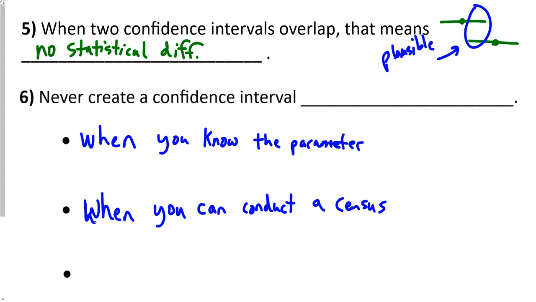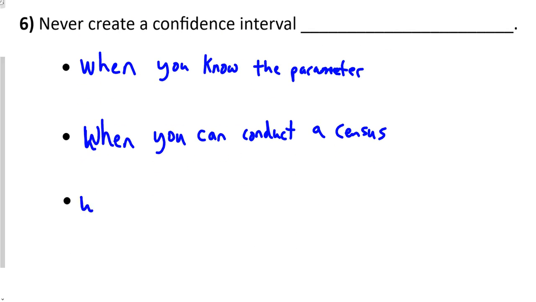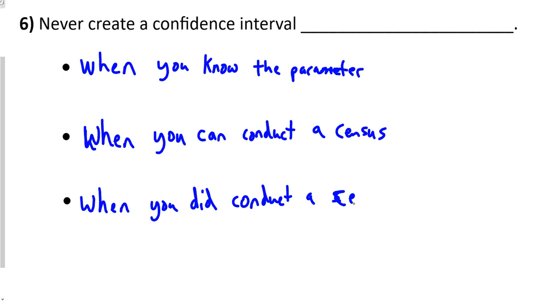And finally, when you did conduct a census, then we should have that parameter. But if we do that, that also creates some issues with the conditions. But don't do it. If you can do the census, if you have that parameter, don't conduct a confidence interval.